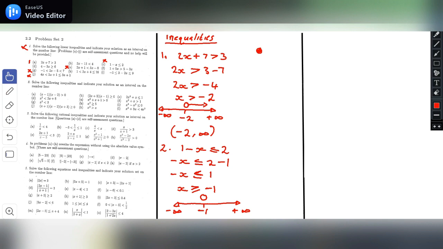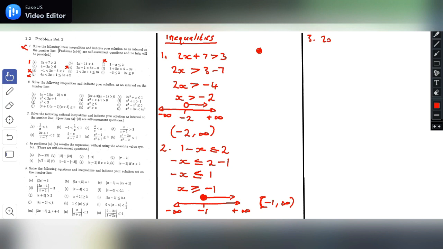Because our sign says greater than or equal to, we have to shade it, and it has to go to this other side. Therefore our answer is a closed interval, negative 1 to positive infinity. That's it. Now we come to example 3, which is E.